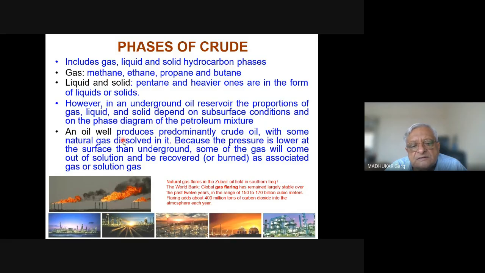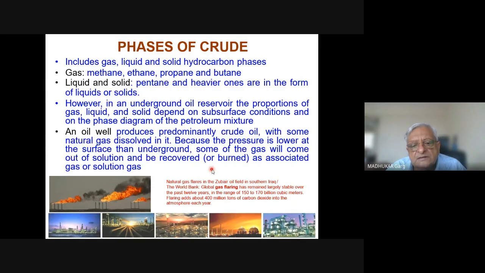So crude oil has all these three dissolved in each other. When you produce crude oil from under the ground, there's a pretty high pressure below the ground, and you don't need a pump. The crude oil comes out by its own pressure, with a very large amount of dissolved gases, predominantly methane, ethane, propane, butane, and they are then recovered.